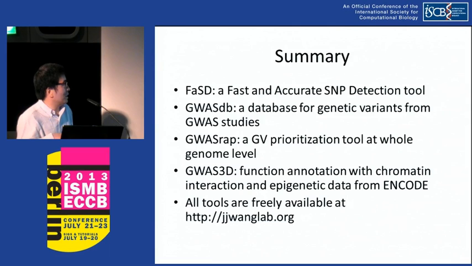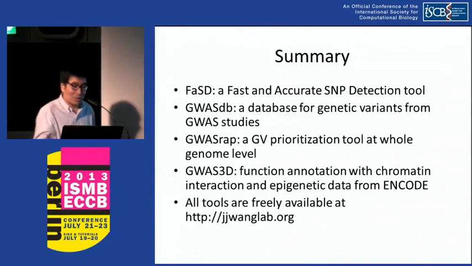And also we developed this GWAS3D database, which provides function annotation of the regulatory variants from chromatin interaction and epigenetics data. So I want to stress that all the tools are available freely at this website. You're welcome to go and use those tools.